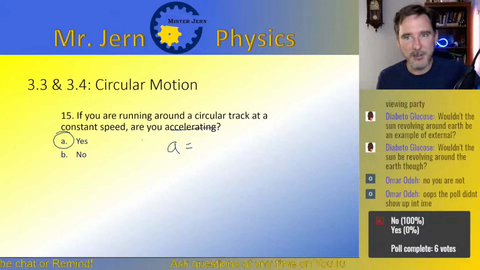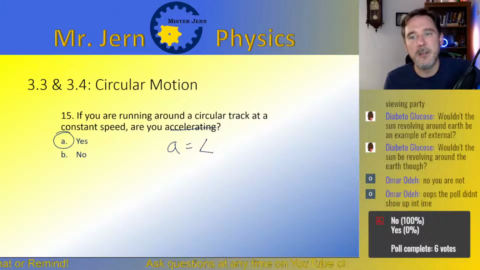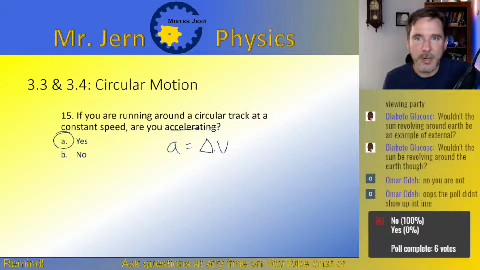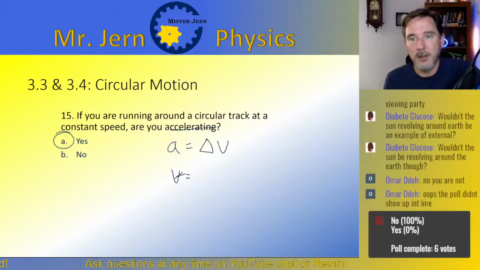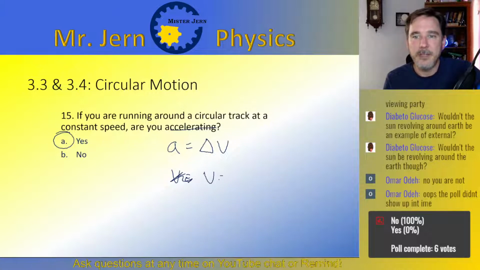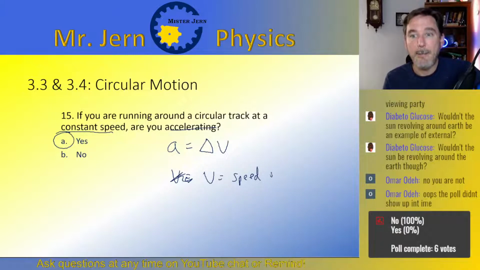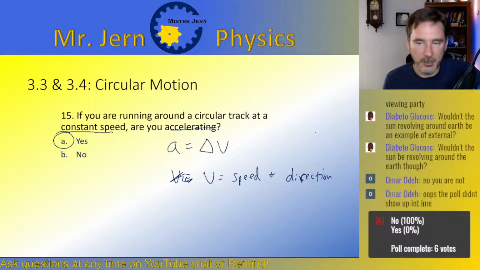Person who just sent me that reminder to explain acceleration again, you're on top of things. So acceleration means, remember that symbol? That's the change in velocity. That little triangle means change in. So acceleration means change in velocity. Velocity is your speed, which is not changing if you're running at a constant speed, and direction. Speed and direction.